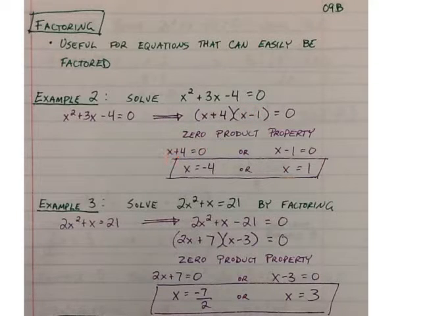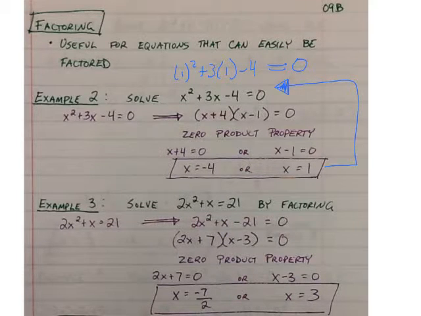If we solve that for x, we get x equals negative 4 and x equals 1. What that means is if we plugged these values into the equation, we would get a true answer. I'll just do that real quick with 1. 1 squared plus 3 times 1 minus 4 does in fact equal 0. 1 plus 3 is 4 and 4 minus 4 is 0.